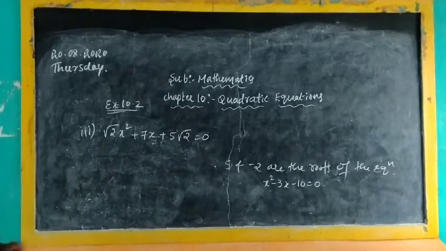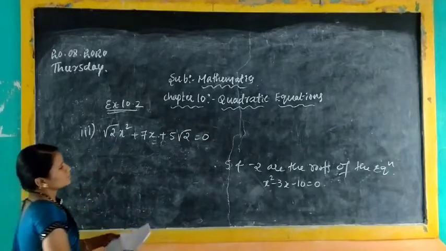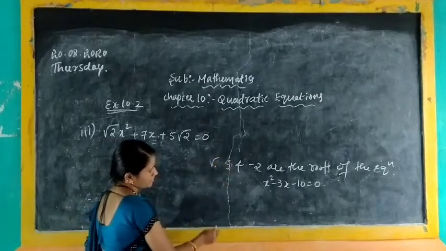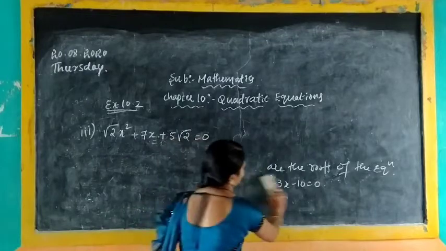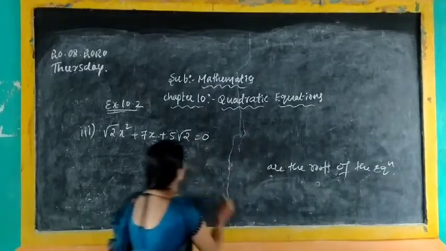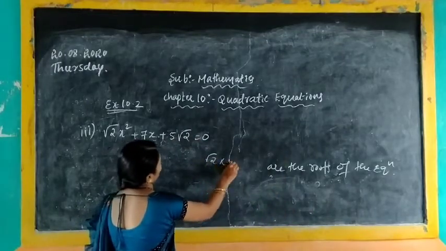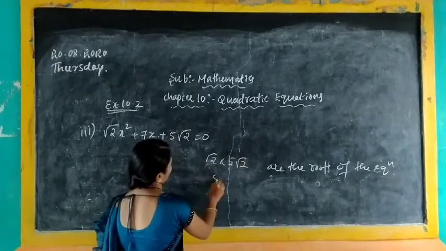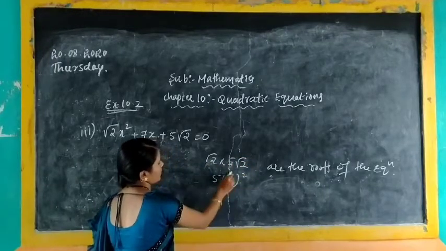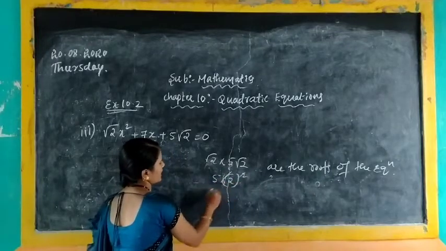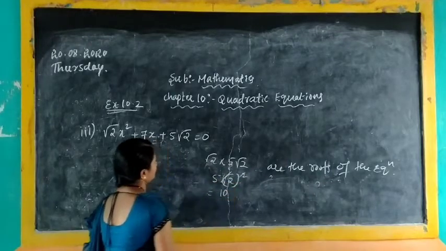See clearly, here root 2 is given. Root 2 into 5 root 2: here root 2 into root 2, the square root and square cancel, so you will get 5 2s are 10.